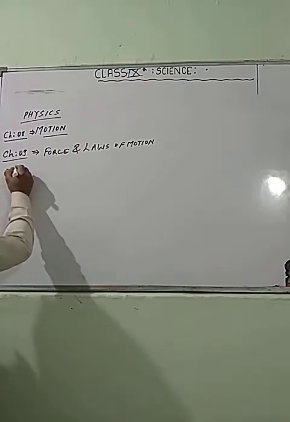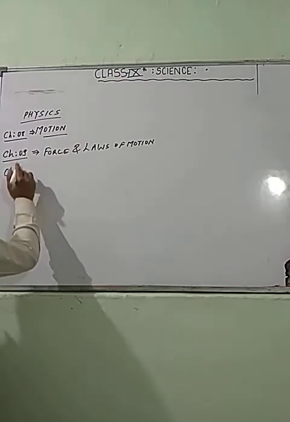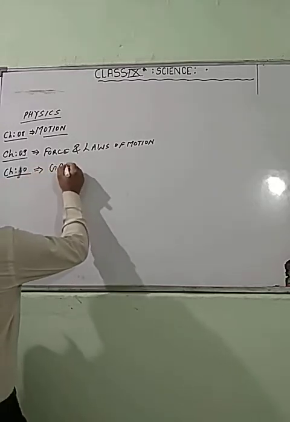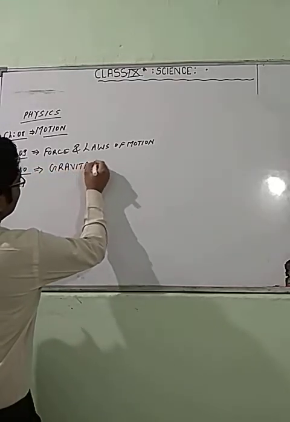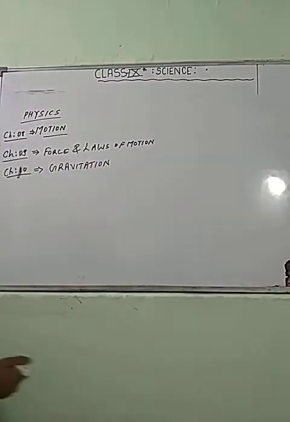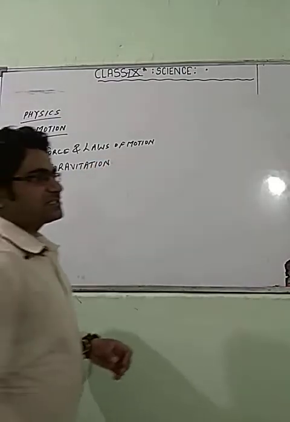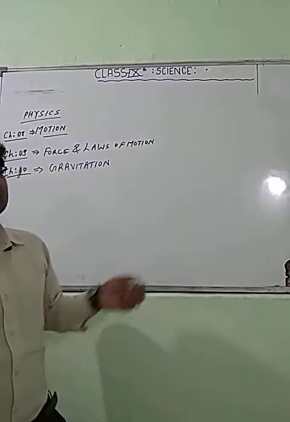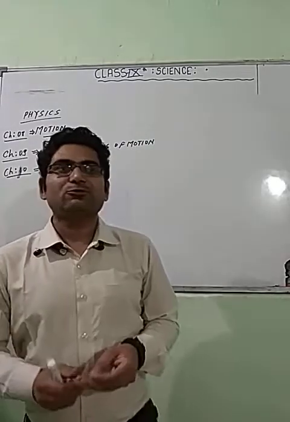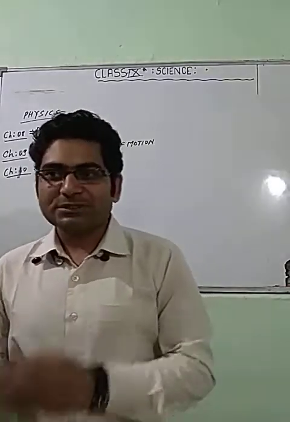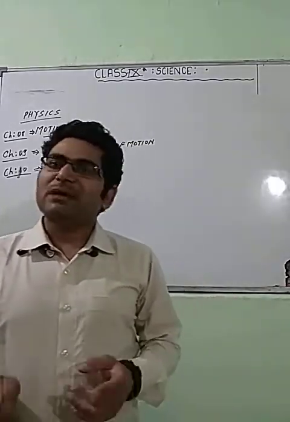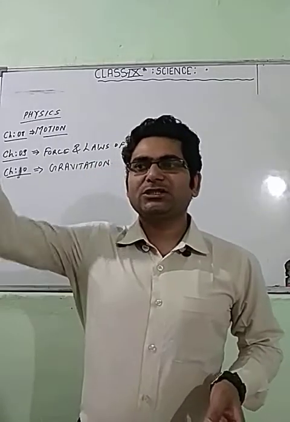Chapter number 10 would be gravitation. This chapter consists of acceleration due to gravity, and we will see what the mass of an object would be on the earth, as well as what the mass of the same object would be on the moon.